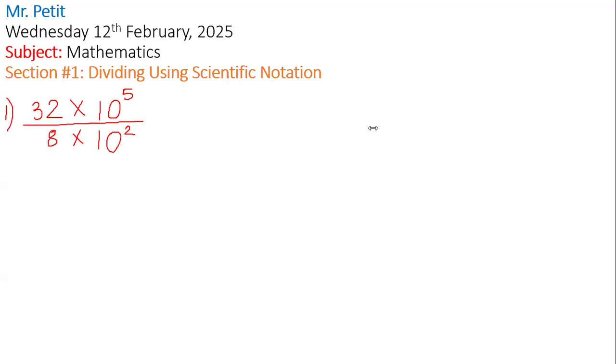Excuse me, Mr. Potato. Go ahead. Without the fraction sign, can you write it as a base equation, please? What do you mean?